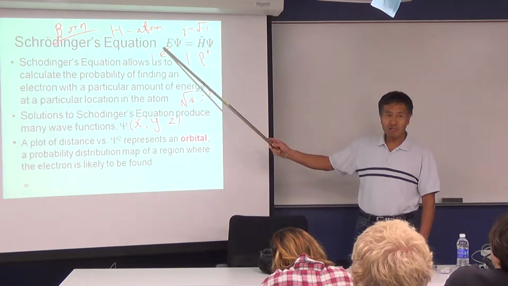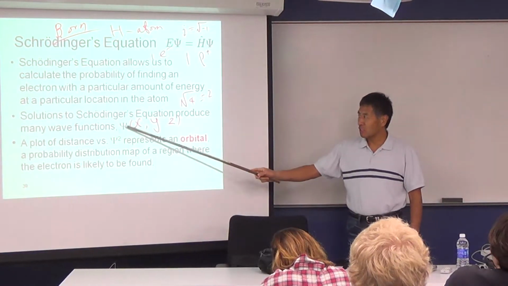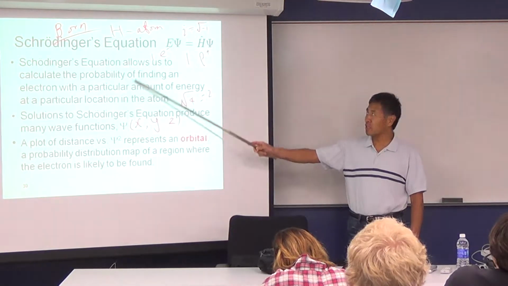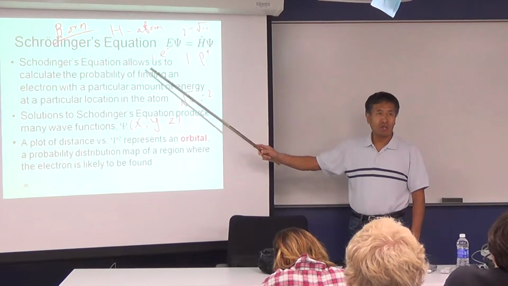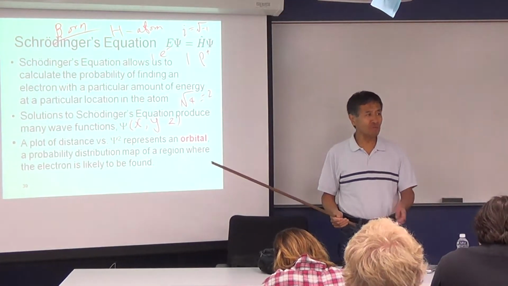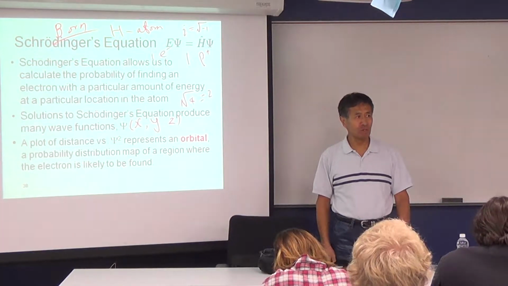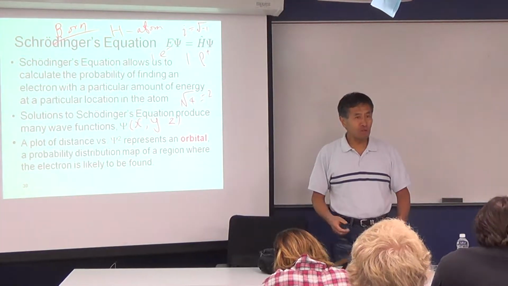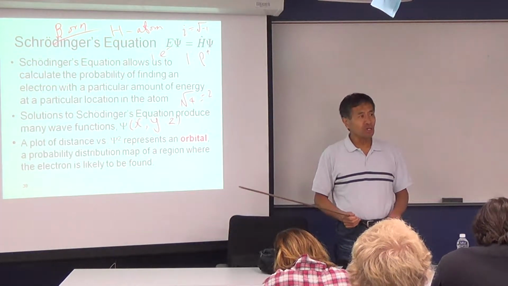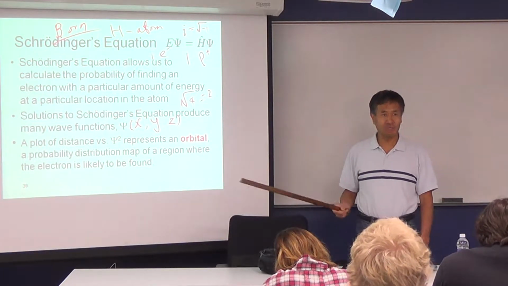Now that number E, we call the energy for this state. So whenever you have a psi, you will get an E. Sometimes two psi might have the same E, but for every psi, you will have an E. The scientists also proposed that E is the energy for that orbital the electron is in.